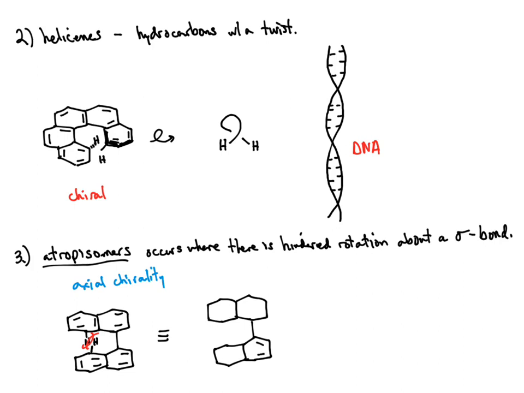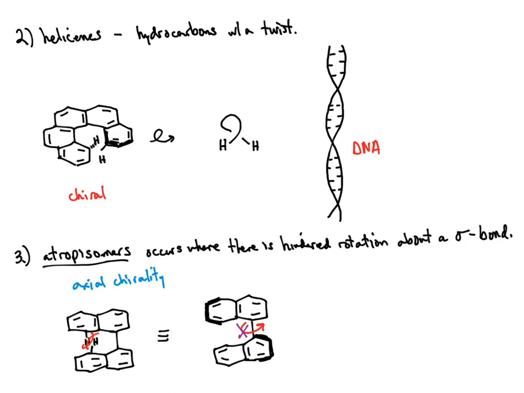So, for example, we have this ring here, which is coming out towards you, or that entire ring is coming out towards you. And then we have this ring here, in which this part of the molecule is coming out towards you. And so these two rings lie perpendicular to one another. And because of those two hydrogens that are bumping into one another, the rotation here is blocked, it's hindered. You cannot fully rotate around that sigma bond.